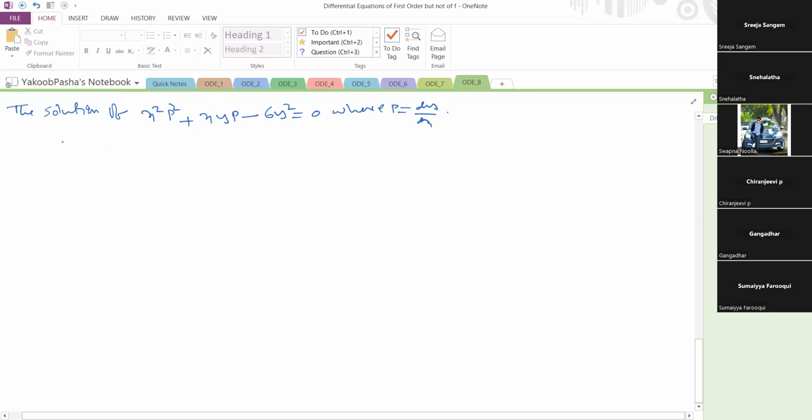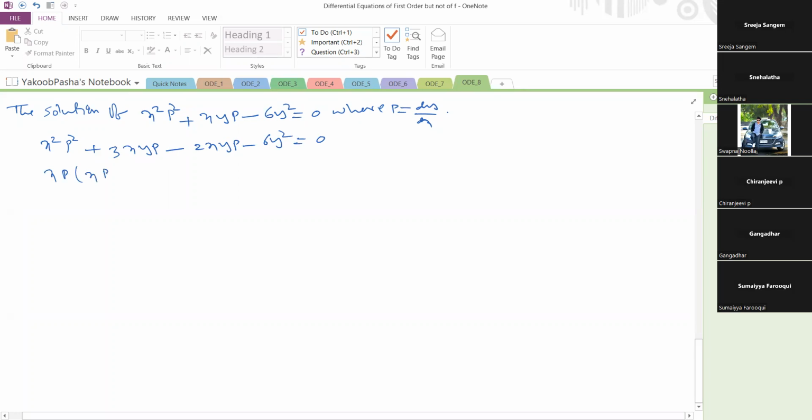can be written as x square p square plus, to take the factorization here, 3xyp minus 2xyp minus 6y square is equal to 0. So take xp common here.